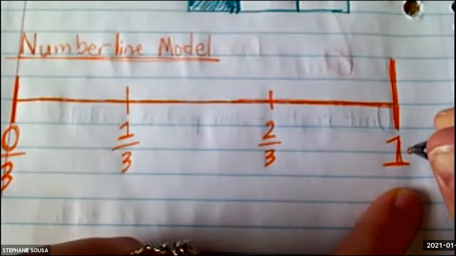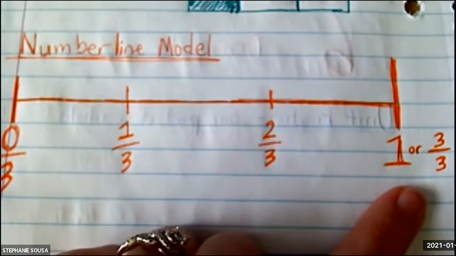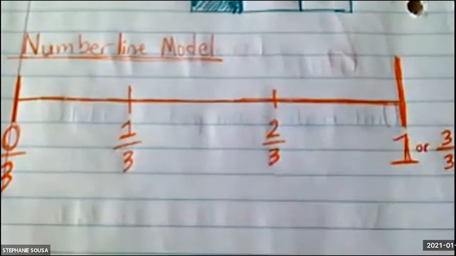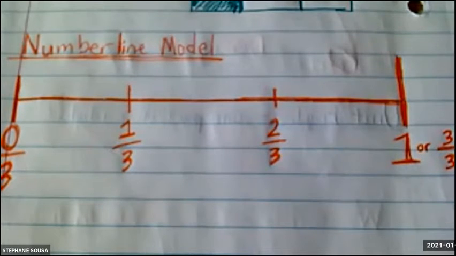And I'll even put the word "or" in there. 1 whole is the same as 3 thirds because if I throw it all 3 of the thirds, I threw it the full length. Just like if there was a cookie and it was cut into 3 pieces and you ate all 3, you ate 3 thirds or you ate the whole cookie. It's the same thing, okay?